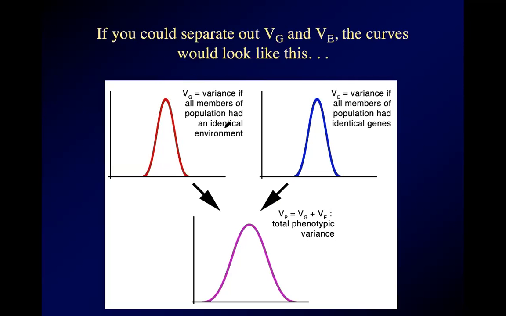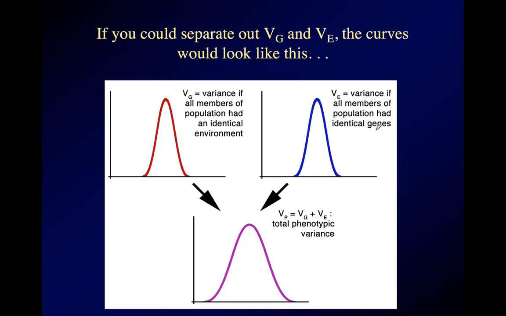V sub G would be the variance in a population if all of its members had an absolutely identical environment. If all of us had been raised in exactly the same setting and gotten exactly the same diet and the same exercise, then all of our variance would be due to our genes. There wouldn't be any other thing making us different. That would be V sub G.